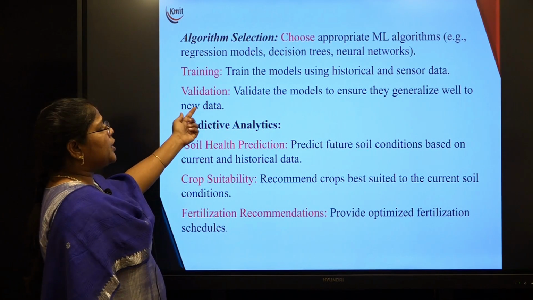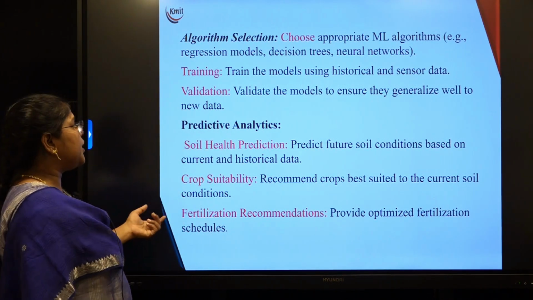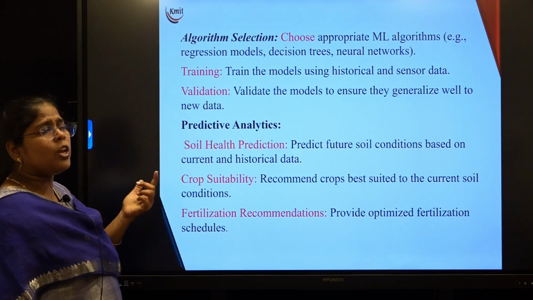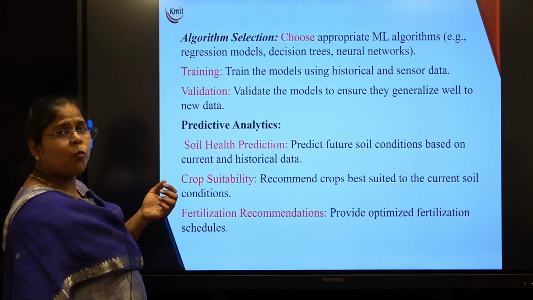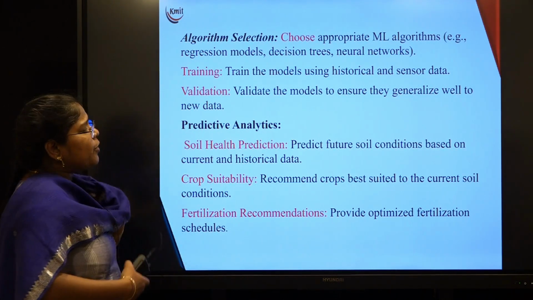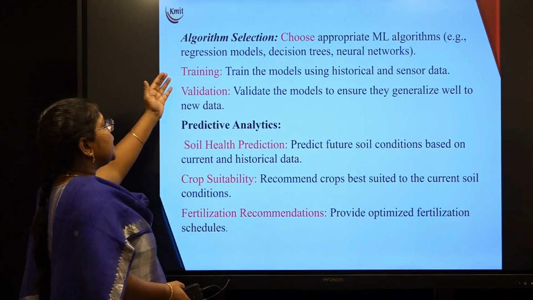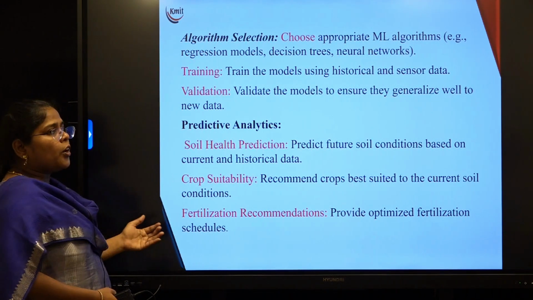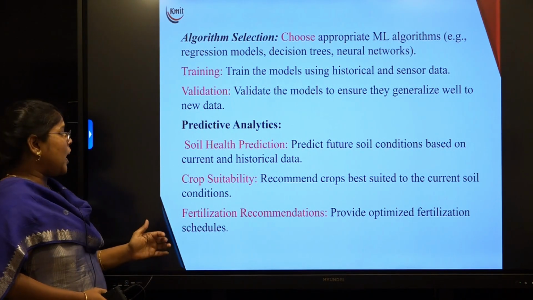Next is training on the historical data, ensuring the model is generalizing well or not, which is nothing but validation data. Next we do the predictive analysis. Once the model is trained well, we start fitting the model, which is called predictive analysis.